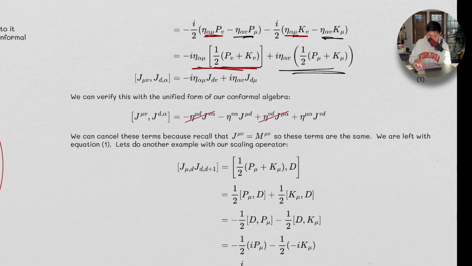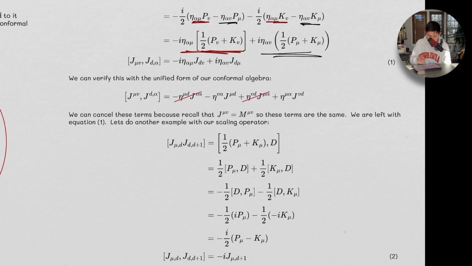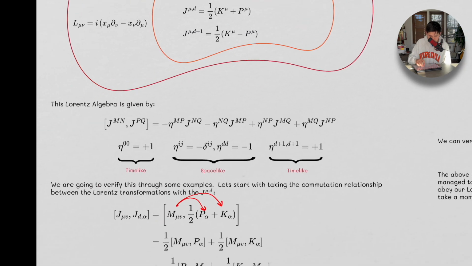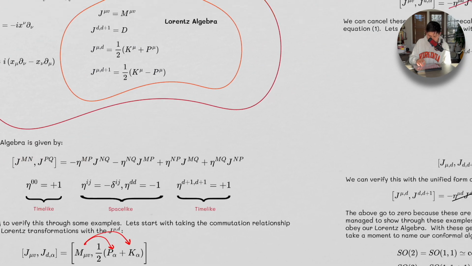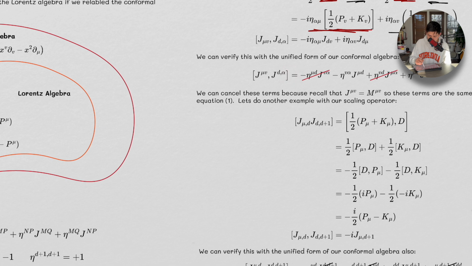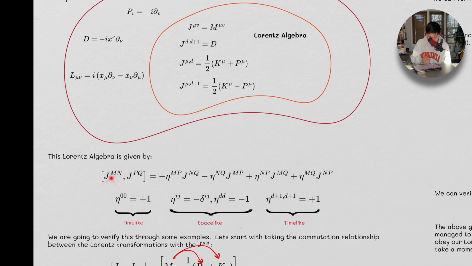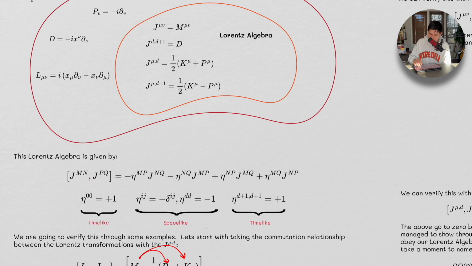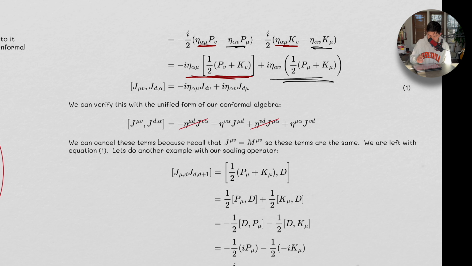We can verify this now with our unified form of the conformal algebra. We could say, well, we just rename the indices, right? If we go back here, we rename the indices. We have mu nu d alpha, so we just rename m for mu, n for nu, and then P for d and Q for alpha. We do all that in here, and what we get then is going to be this guy right here.